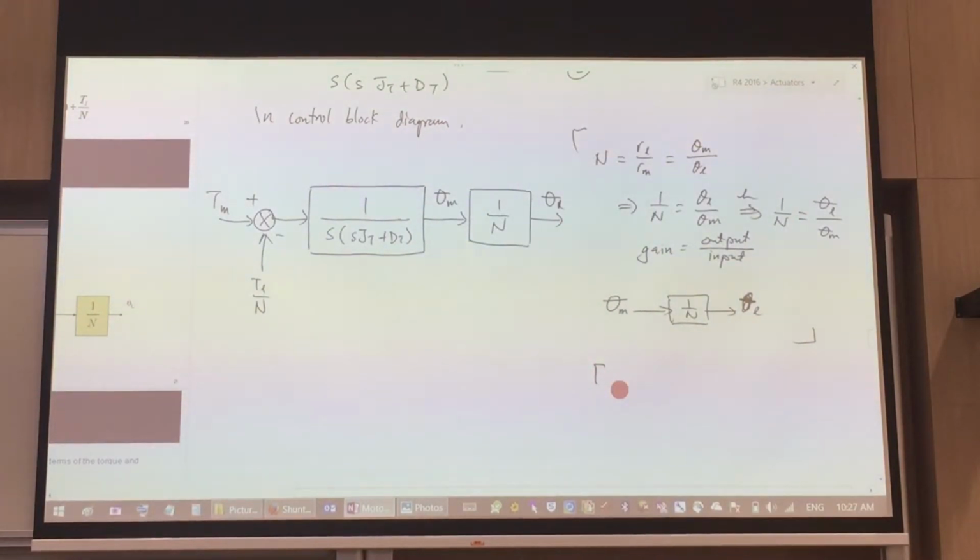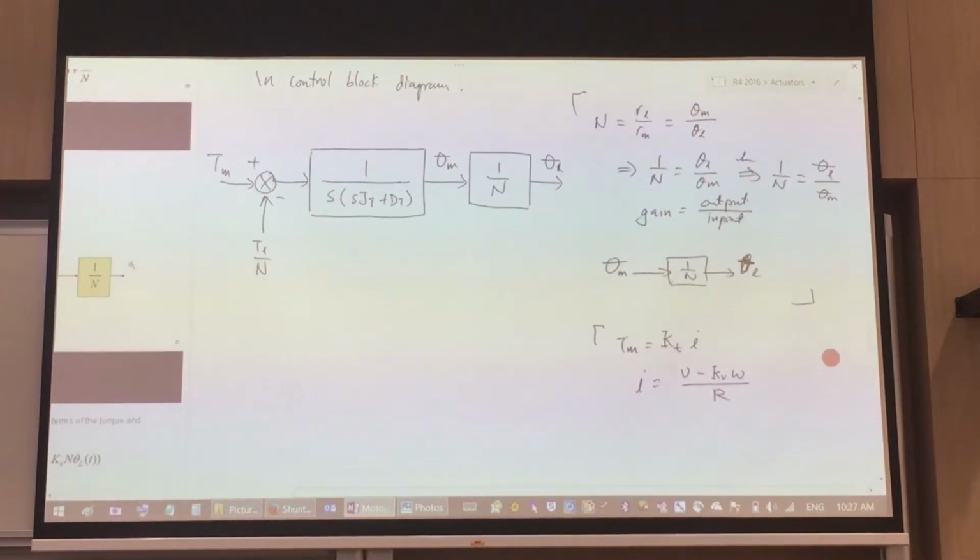Just a little bit of revision. Tm is equal to capital KT I, and I is equal to V minus Kv omega divided by R. Now this had been solved before already in the past, so I'm just rewriting it.